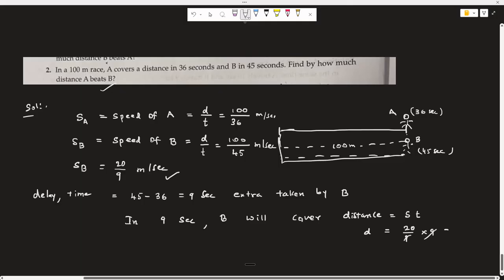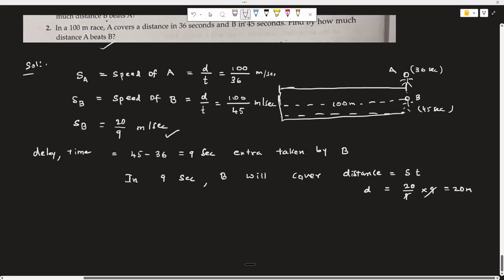The 9 got cancelled. So, of course, 20 meters. In 9 seconds, B will cover 20 meters.